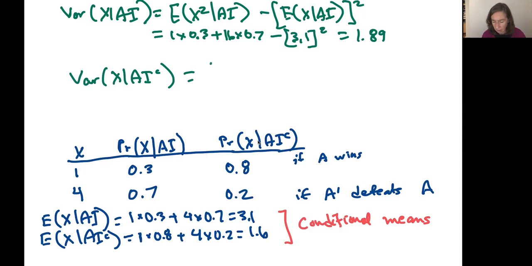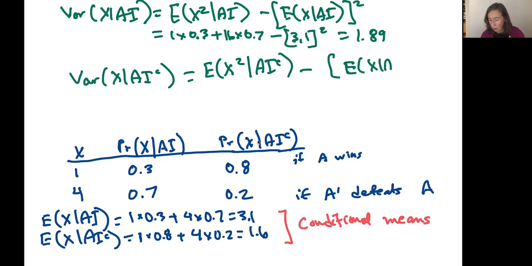I guess I'll go ahead and write out the formula anyway, just to really drive this home. It's the expectation of X squared conditional on no anti-incumbent sentiment, because that's what we're conditioning on here, minus the conditional mean squared.